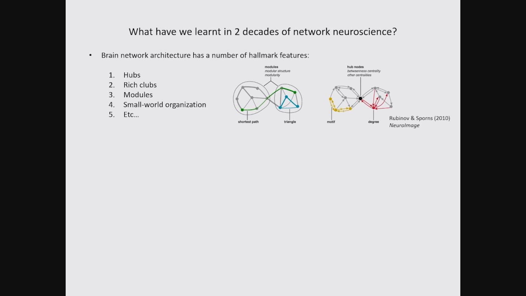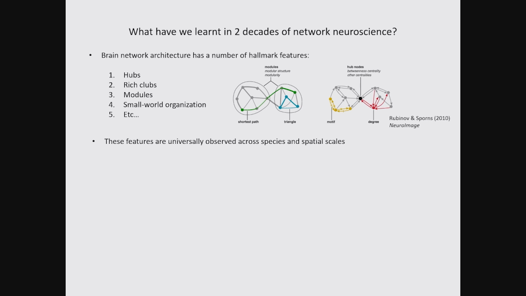We've learned that brain network architecture has a number of hallmark features. It has hubs, so highly connected nodes. It has rich clubs, so hubs tend to connect preferentially with other hubs. It has modules of dense internal connectivity and sparse external connectivity. It has a small world organization that balances integration and segregation, etc. And these features are really universal.